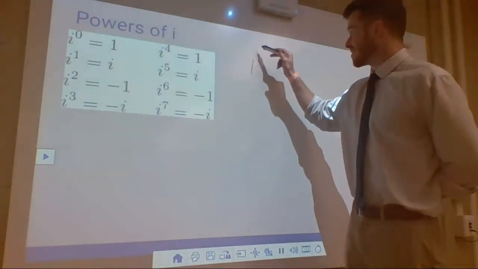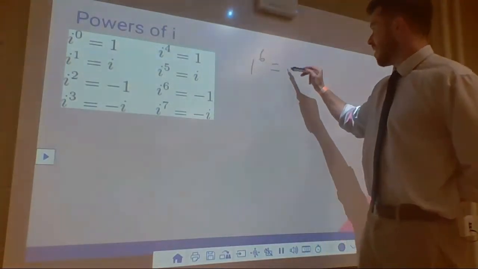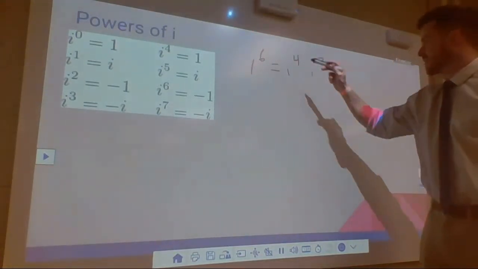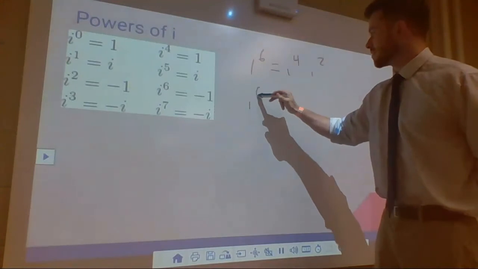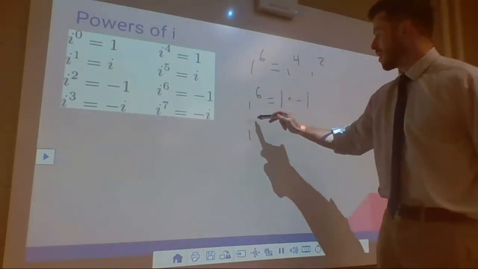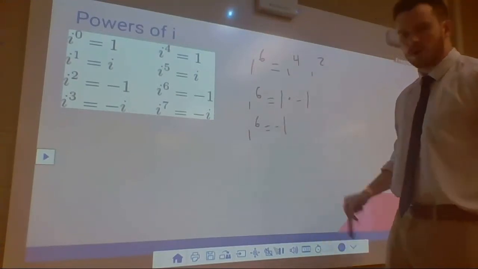Now i to the 6th is like saying i to the 4th times i squared, because 4 plus 2 is 6. So i to the 6th equals 1 times -1, so i to the 6th is also -1.